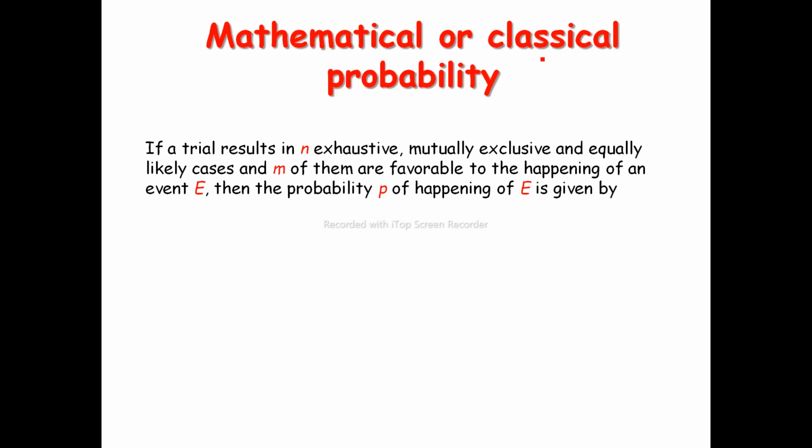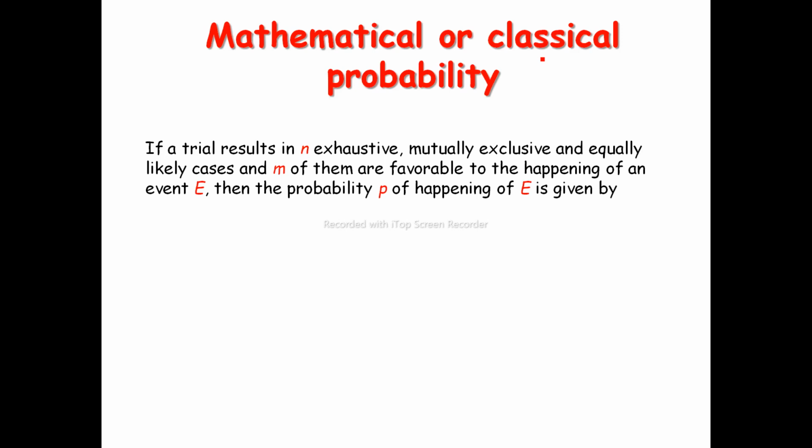Again, if a trial results in exhaustive, mutually exclusive and equally likely cases, and m of them are favorable to the happening of an event E. What is the event E?